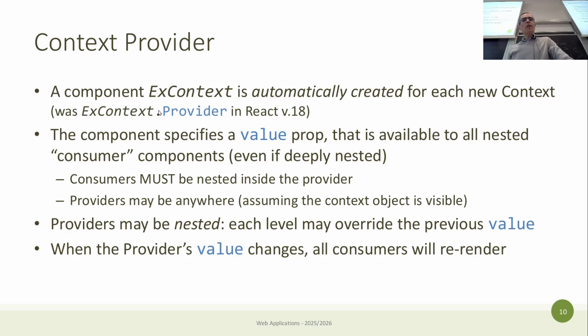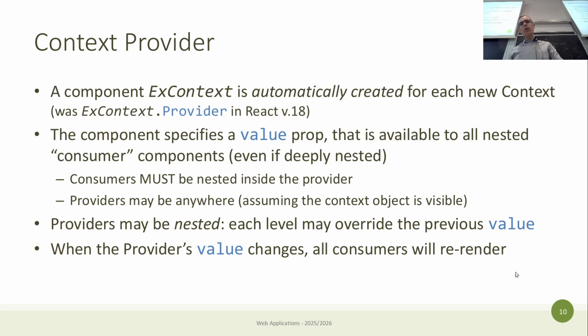So, components specify a value prop in the provider that is available to all nested consumer components. Consumer must be nested inside the provider, as I told you. If we are in app, this is true by default. And providers may be nested, each level may override the previous value and so on, but this is just technicality for more complex situations.